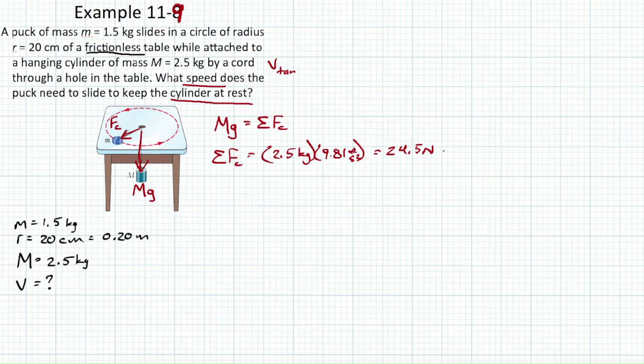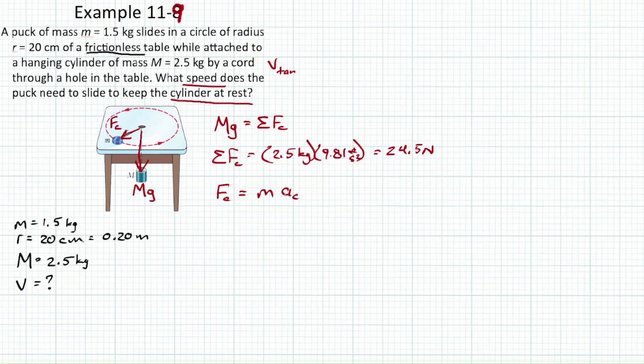Okay. So we know now the centripetal force, what this must be of the puck spinning around. Well, we want to know what the velocity is of that puck. So let's write out what we know about centripetal force. Centripetal force is the mass of that object, in this case the puck, lowercase m, times centripetal acceleration.